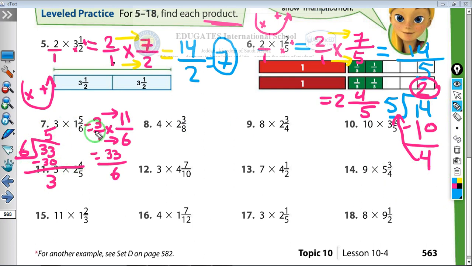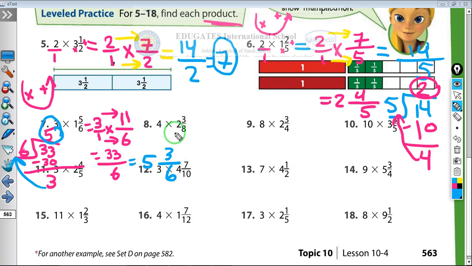Make circle and arrow. Here the circle, and here's the arrow. The whole number is 5, and 3 over 6. So the answer is 5 and 3 over 6. The answer is a mixed number here.